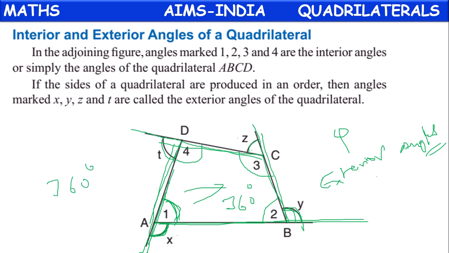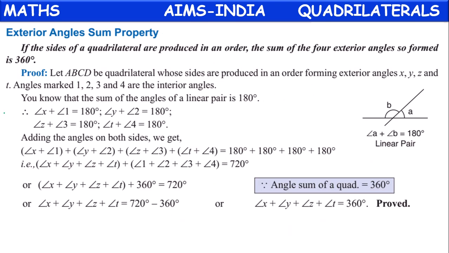So the proof is: let ABCD be a quadrilateral whose sides are produced in order to form X, Y, Z, T. Angles 1, 2, 3, 4 are interior angles.